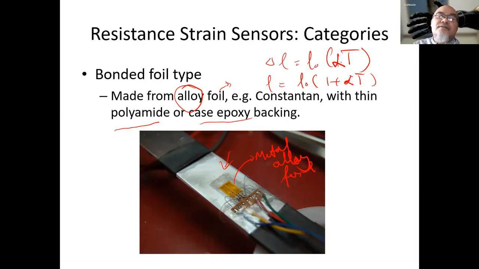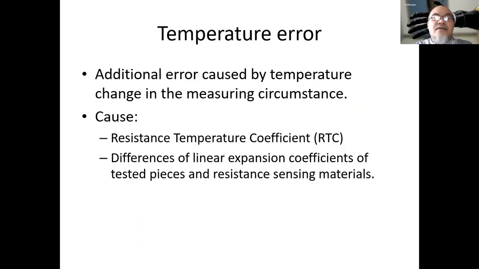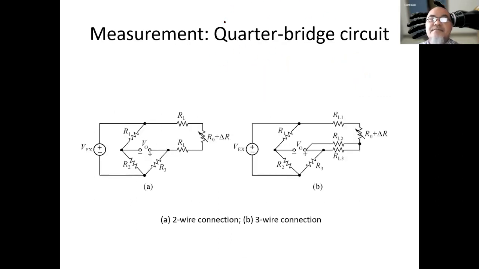So when temperature changes, for example due to heating at noon, the steel may expand differently compared to the metal foil, and this can cause error due to the temperature. Then we also have the resistance temperature coefficient, which I have explained. Now, how do we solve this problem of errors due to temperature?